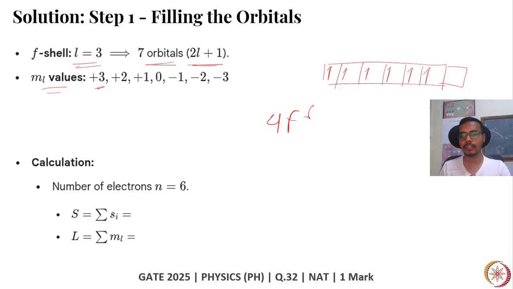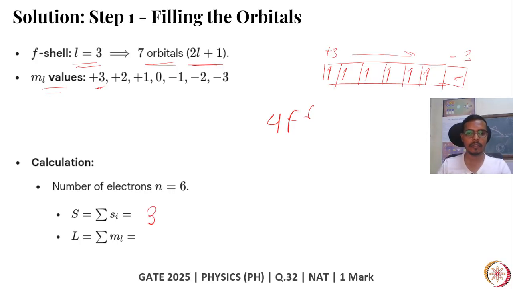So box 7 is empty here, which is ml minus 3. So ml values are plus 3 here to minus 3, and in between values are given here. So the total spin S is 6 times half, which is simply 3.